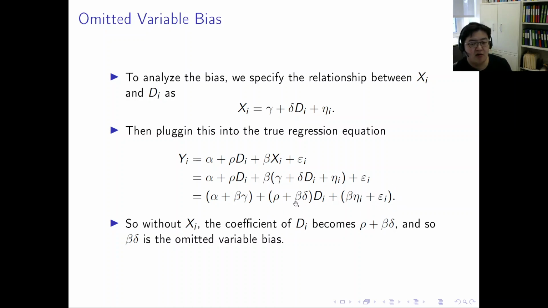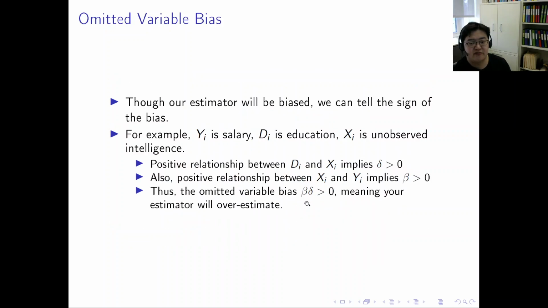So something is wrong by this much. Beta delta is the bias, which arises because you could not observe x. So this is the omitted variable bias. It is not that surprising: you did not observe something, so your estimator is wrong.